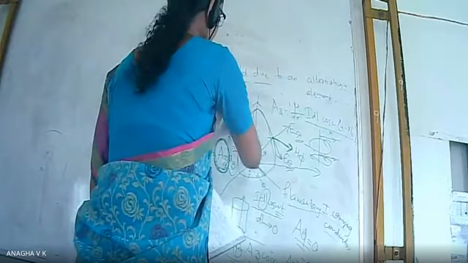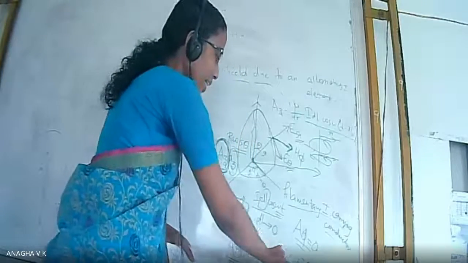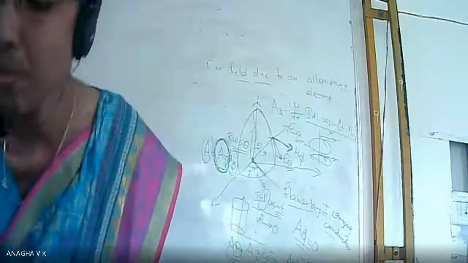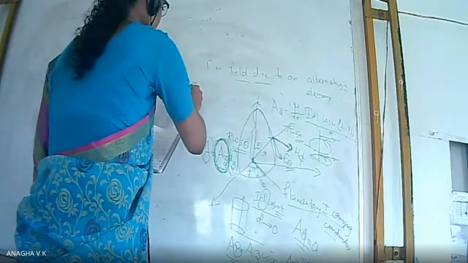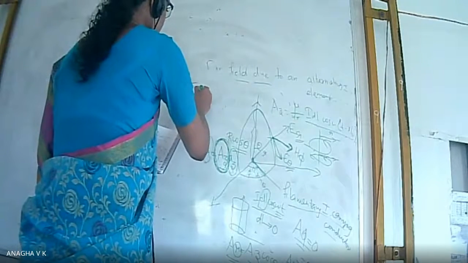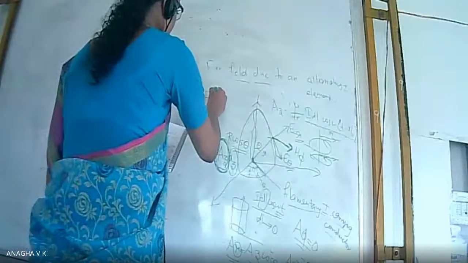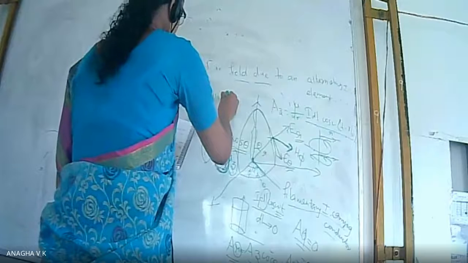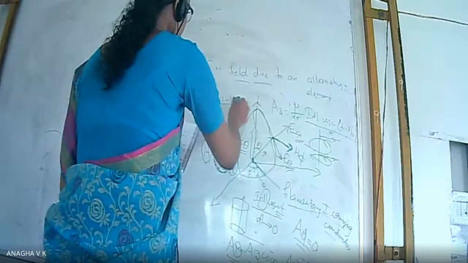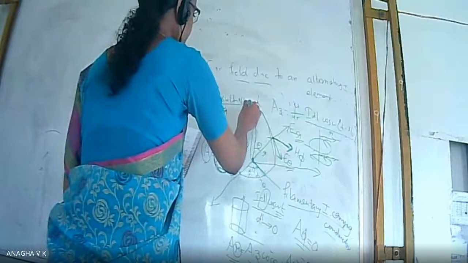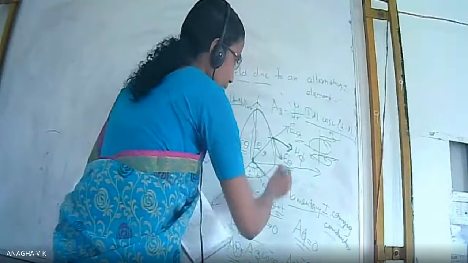So we need to substitute this equation into A_r, A_theta and A_phi. So what is A_r? Mu by 4 pi I dl cos omega (t minus r by v) by r, times cos theta. A_z into cos theta gives A_r. A_z is nothing but this equation.